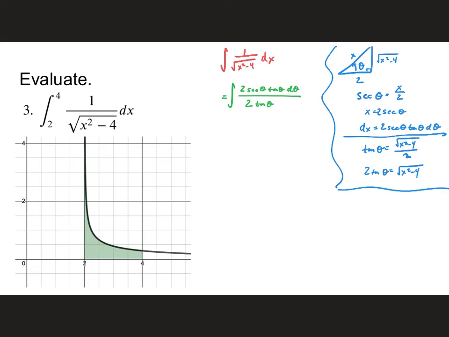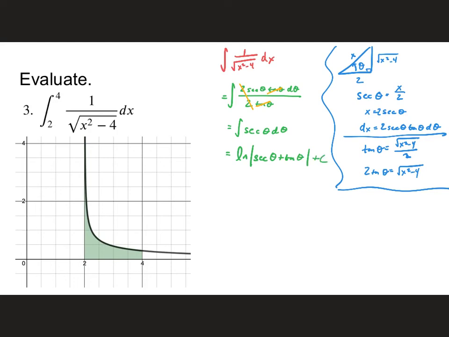Oh wow, this works out really nicely, doesn't it? Because look here, tangents cancel, 2's cancel. So my integral, after I cancel those things out, is simply the integral of secant theta d theta, which I know is the natural log of the absolute value of secant theta plus tangent theta, plus c, of course, in this particular case.